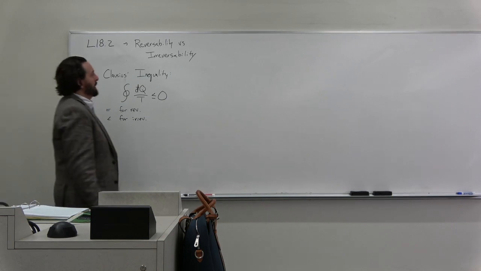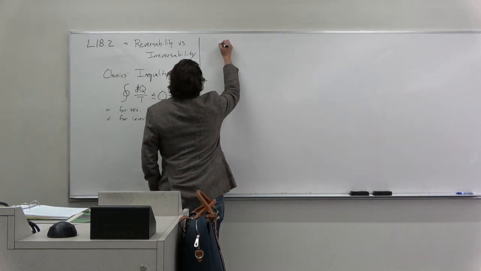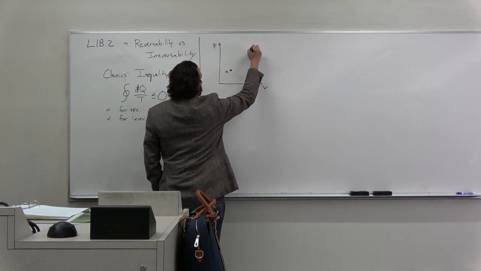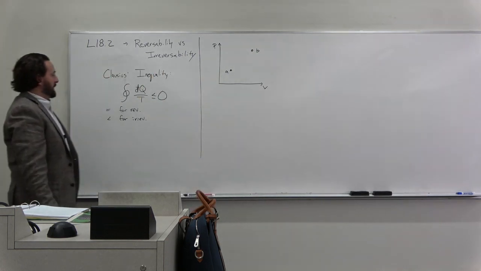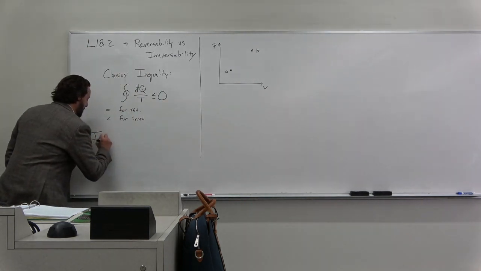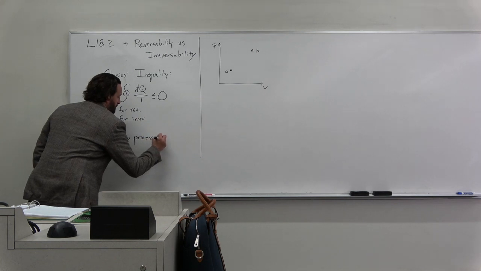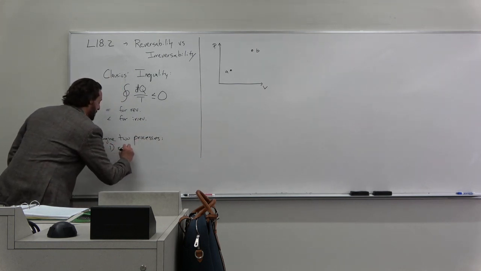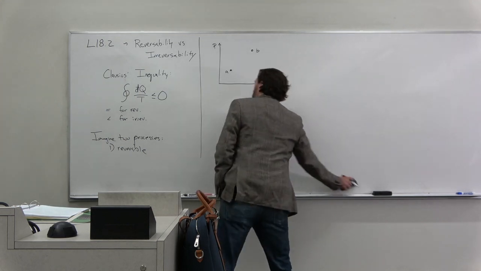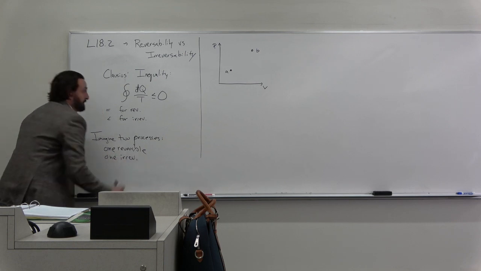Okay? So let's imagine this situation on a PV diagram where I'm going to go from one state A to another state B. And let's imagine two processes, one reversible and one not.